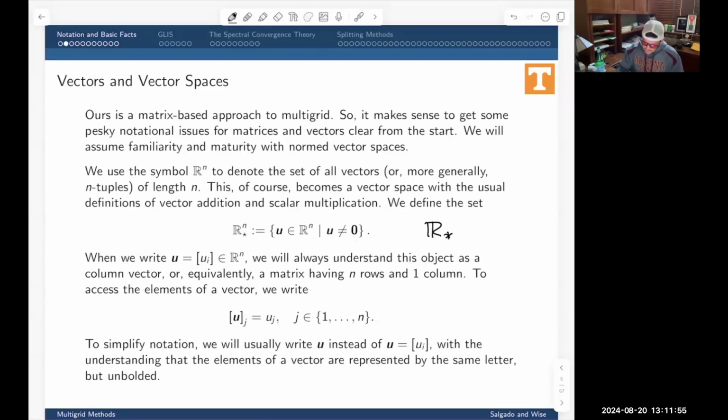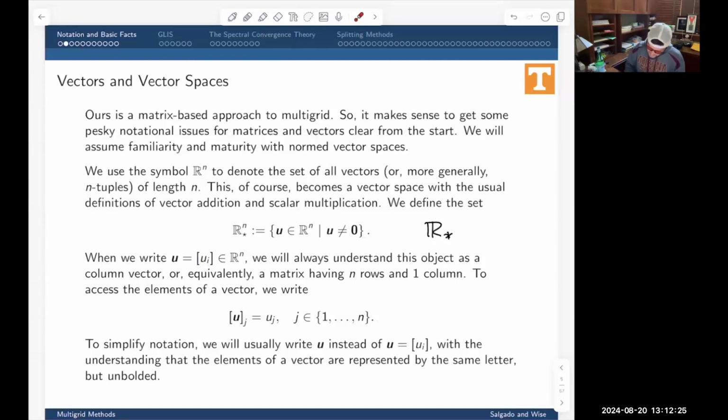Now, how do I write vectors? I'm commonly going to write vectors like this, a boldface Roman letter. And if I want to emphasize what the components of that vector are, I'm going to put brackets around objects like this, an unbolded character u, with a boldface u with a subscript i. This just indicates that I've got components u_i, i equals 1 to n.